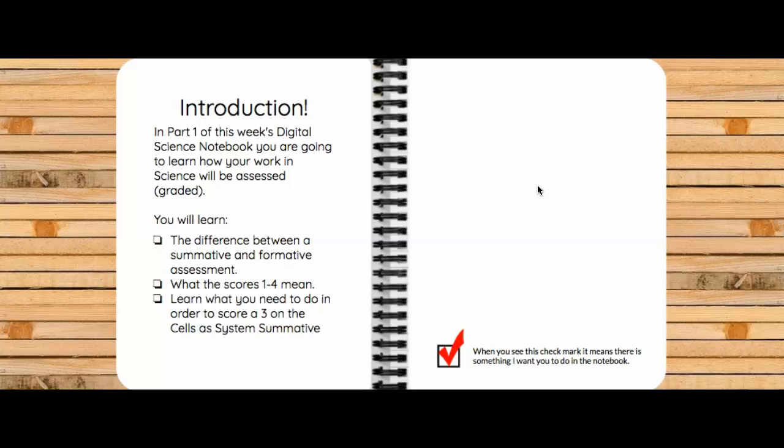That's get a proficient score on the summative that we're going to take on our first unit, the cells as a system summative. Please remember, as you're going through this notebook, there will be spots that I'm going to want you to interact with. If you see a little check mark on a page, that means there's something I need you to do within the notebook.